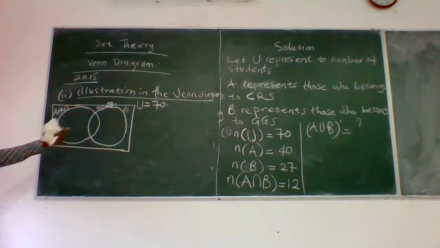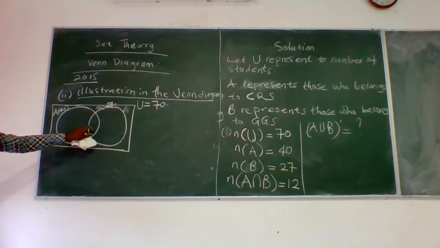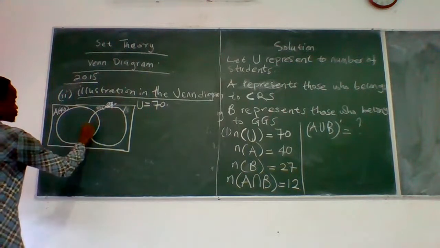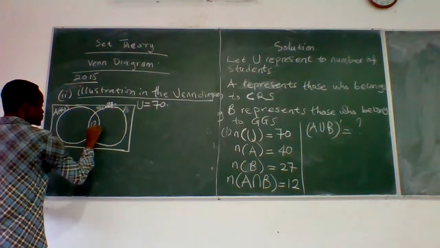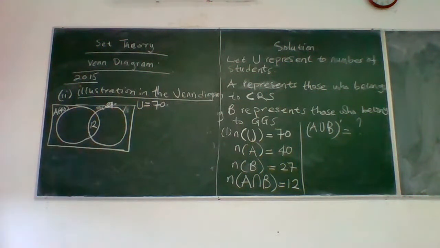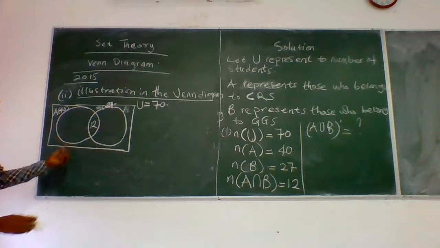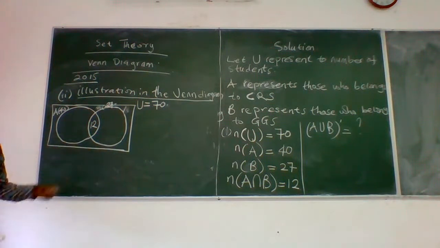The intersection is the same as both, so A intersection B is 12. So you have 12 over here.